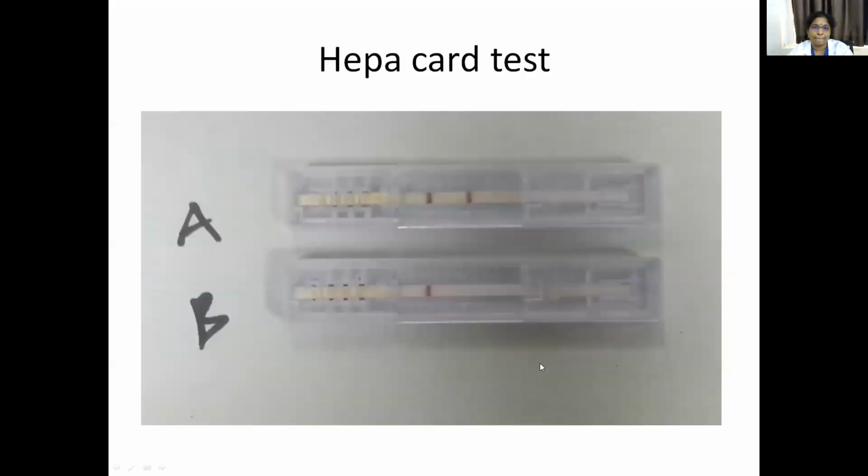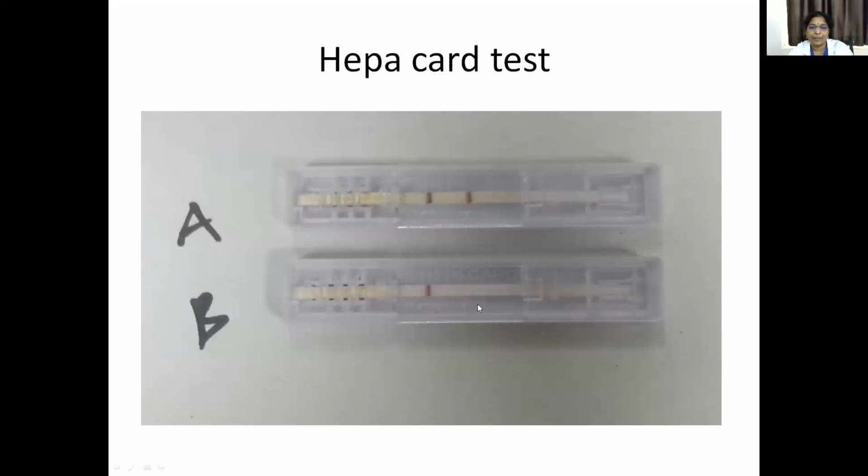Okay. This is the HEPA card test done in the laboratory, which is showing sample A with a colored band in the control region and in the test region. So the test is positive for hepatitis B. In sample B, there is only a colored band in the control region, no colored band in the test region.